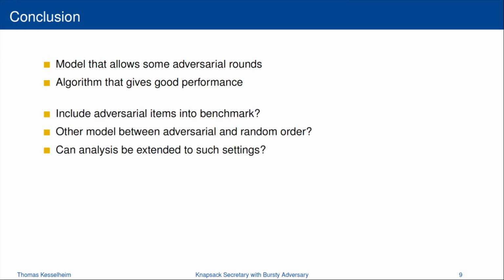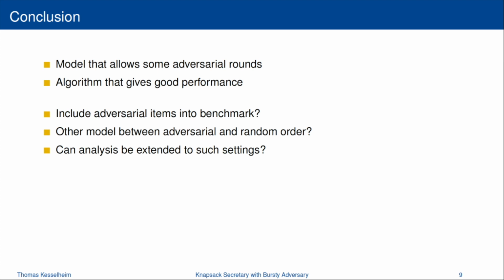What are interesting research directions from here? Well, one thing that we're frequently asked is, could you somehow include adversarial items into the benchmark? And as a matter of fact, I don't know yet. Maybe that is possible, but I don't have a good idea of how to do that. And more generally, you could ask, are there other models that somehow interpolate between this adversarial and the random order setting, including maybe some adversarial parts, some random order parts?